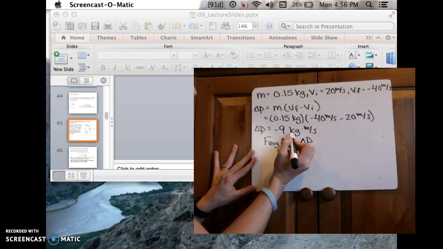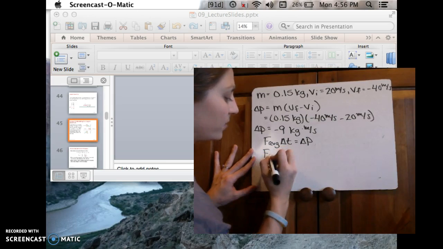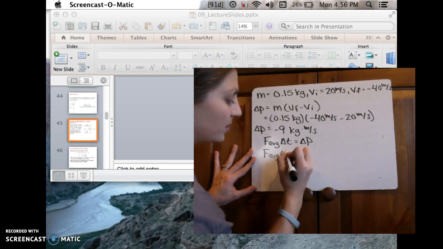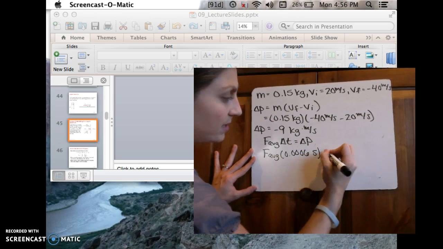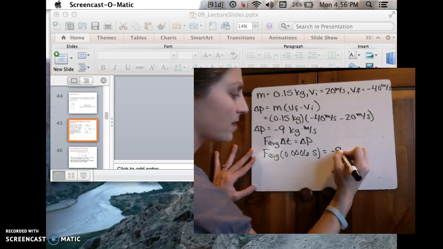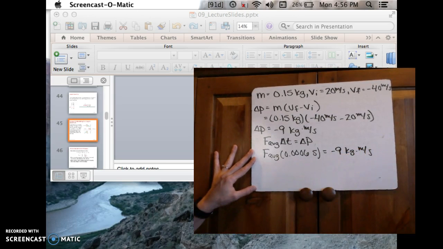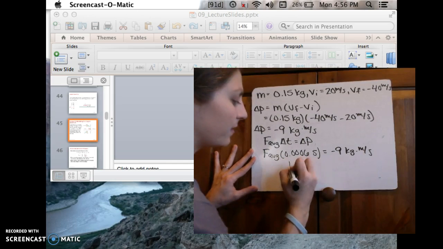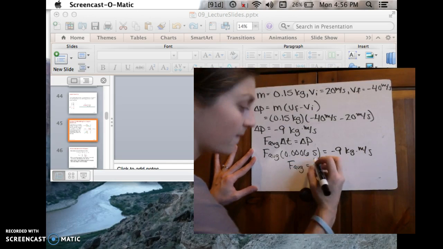Therefore, using our delta P that we have up here and the delta T that we had from the graph, which was given as 0.6 milliseconds, which we need to convert to standard units, I have the average force times 0.0006 seconds equals negative 9 kilograms times meters per second.